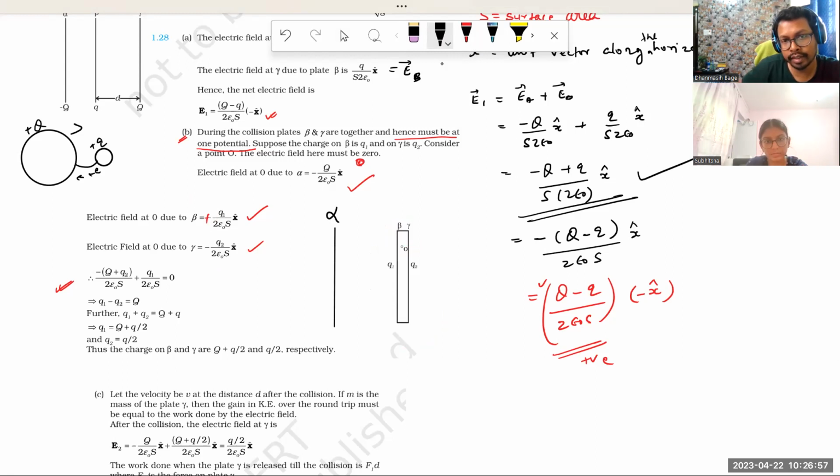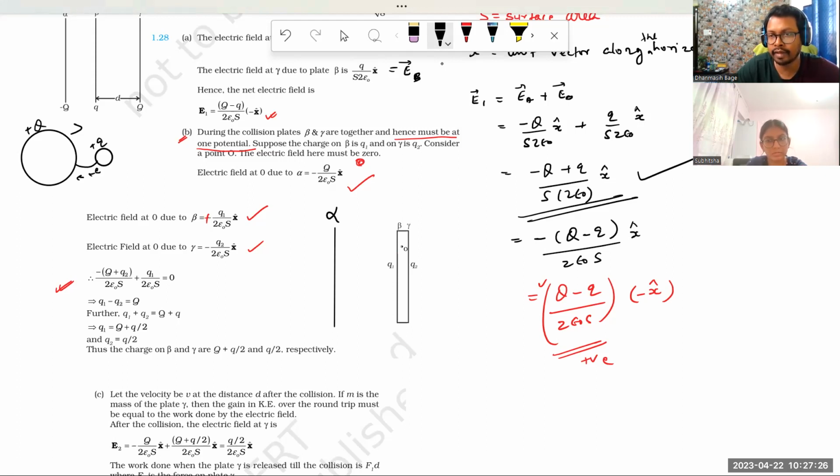So what is the electric field here due to alpha at O? We are just considering that when they collide with each other, they are joined together. So we are considering a point inside this plate. This is the subject matter of the second chapter: inside a conductor, the electric field is always zero, no matter what happens.